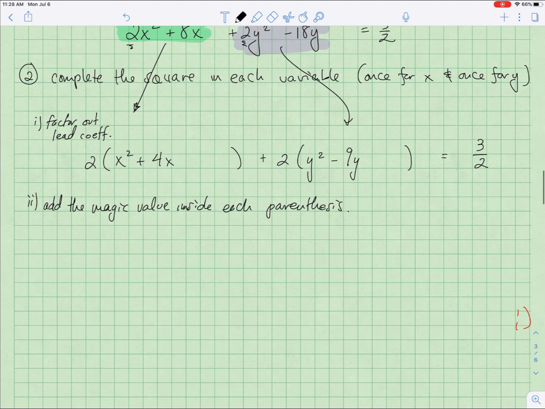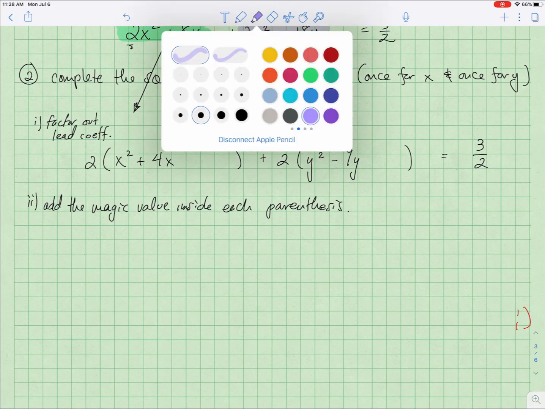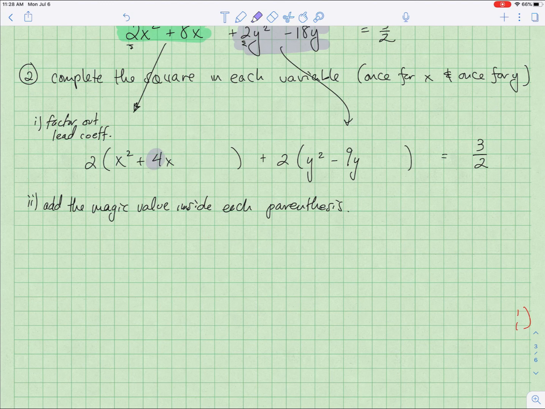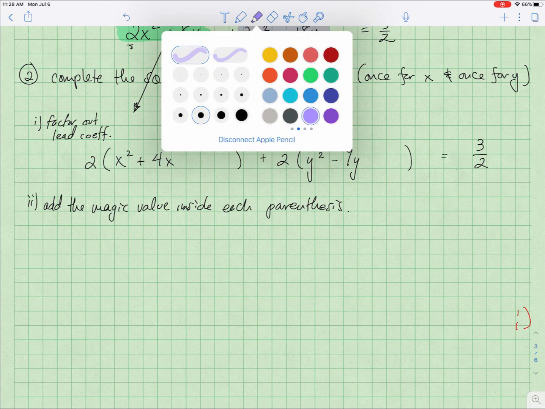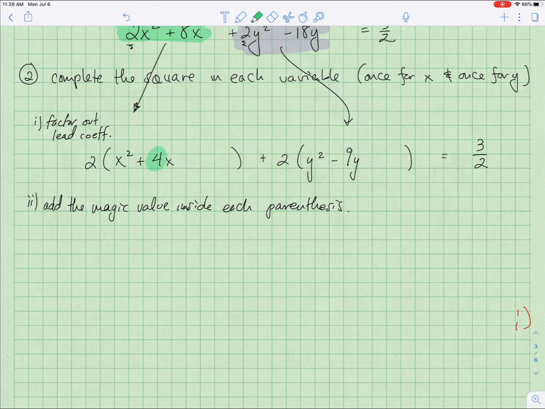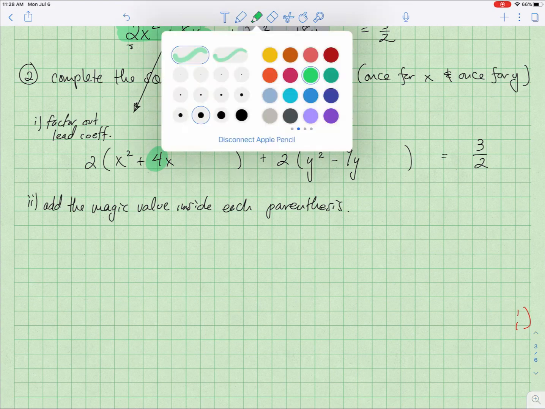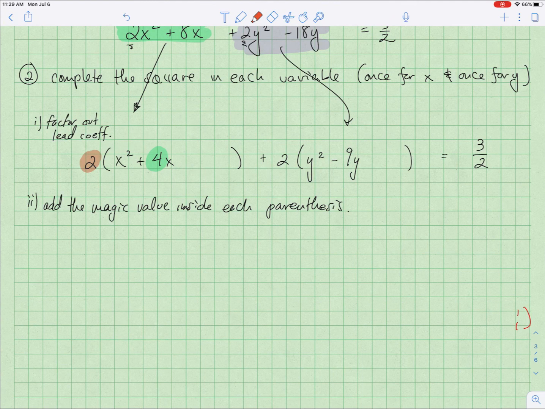Okay, so how do we find that magic value? If you don't recall, we're going to take the coefficient on x with the factored value out front taken out. And that's going to look like this.